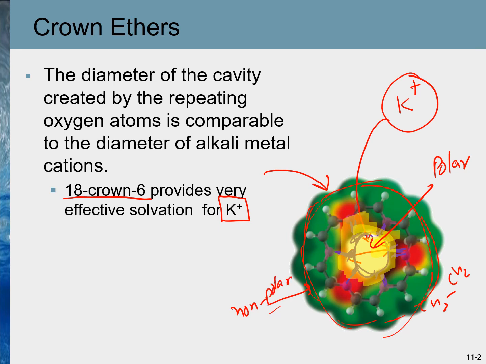Now because the alkali metal ion is stable inside the cavity, and the entire crown ether can be dissolved in a non-polar solvent, this is a really good vehicle to dissolve polar ions such as potassium into non-polar solvents.